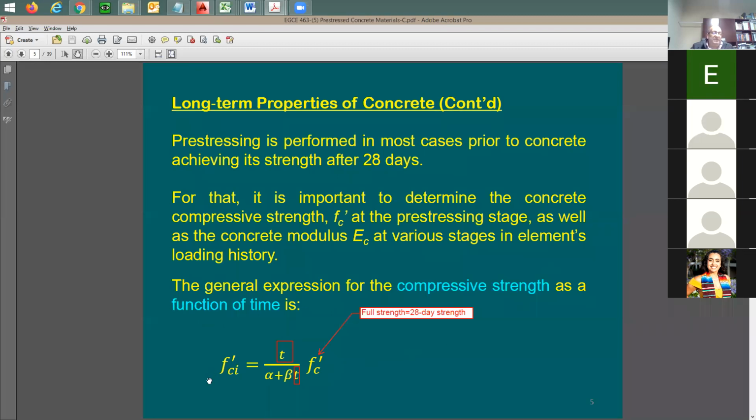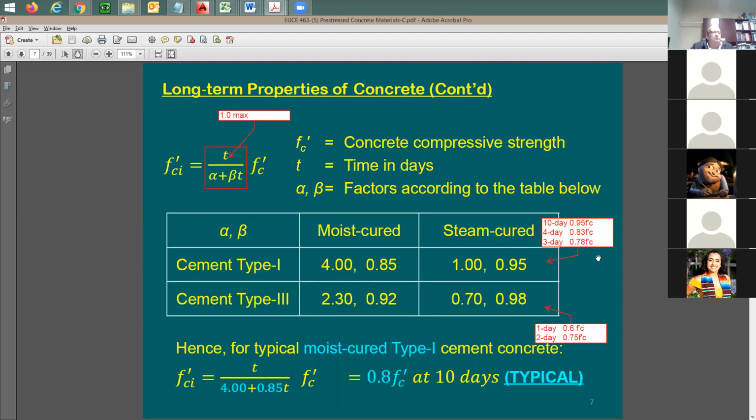Do you gain more strength with time or less strength? More. Okay, good. After how many days do you reach 80% of the strength of the concrete? 10 days. Considering what, cement type 1 or type 3?